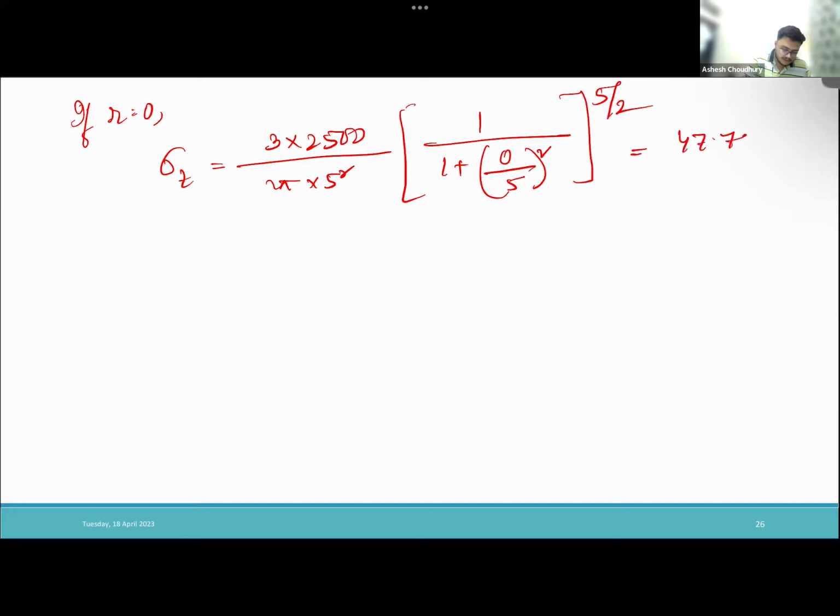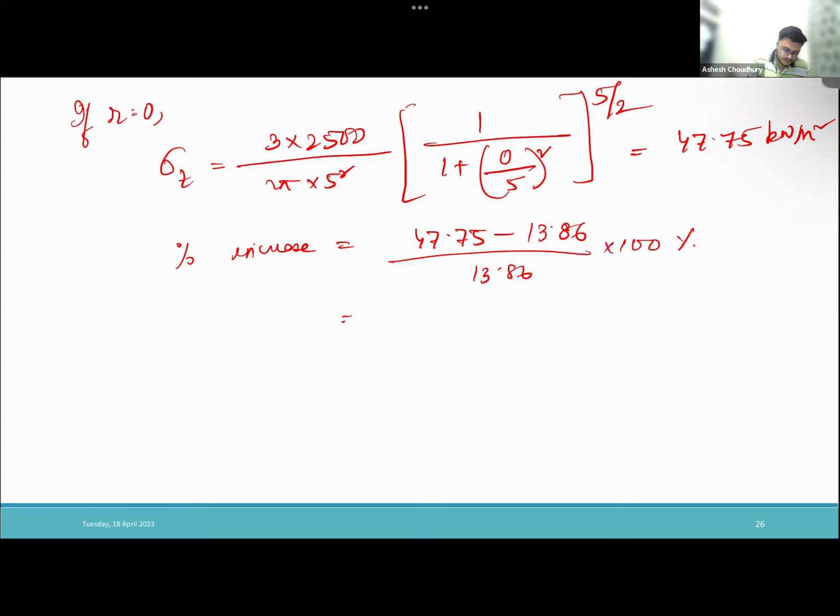This will be 47.7. Percentage increase is 27.75 minus 13.86 divided by 6 into 100%, which will be around 244.2%. So a lot.